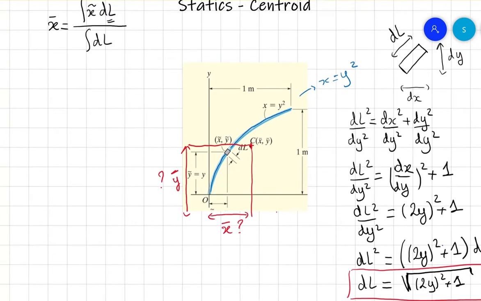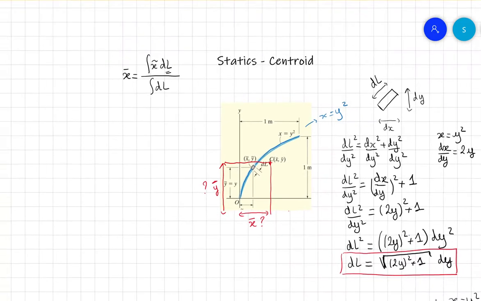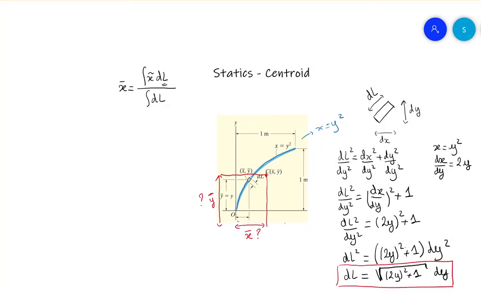That's the first step. Now, in my formula, I also need to find x tilde. My little element dl, its center, it's a rectangle, so it's in the middle of dl, in the middle of dx, in the middle of dy. So that's simply the location of dl on this rod at this time. So it's just x and y.